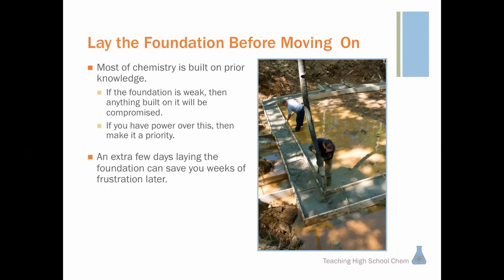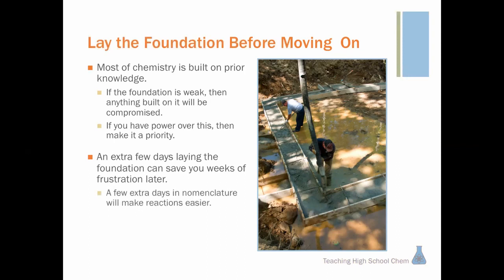It is better that I take an extra day or a half day or 2 days to make sure they are really well set so that I'm not just absolutely pulling out my hair later with them and they're just not getting it.